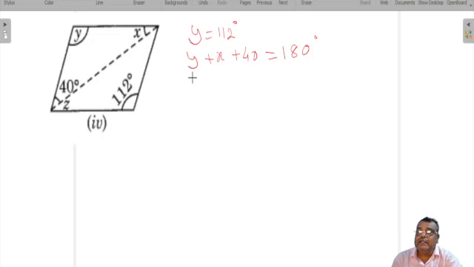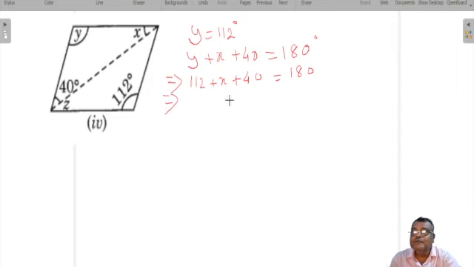And Y is 112 degree. So this implies 112 plus X plus 40 is 180. So this one will be 152. 152 plus X equal to 180.